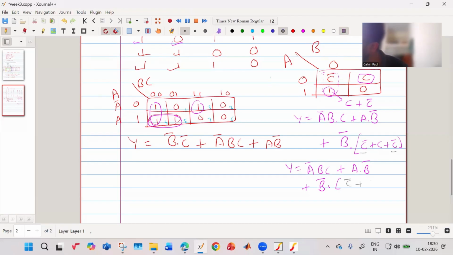So you have C bar or C. So what would you get from that? It is 1. Okay, there is some mistake I have made. It is not the correct output. What is the issue with that?